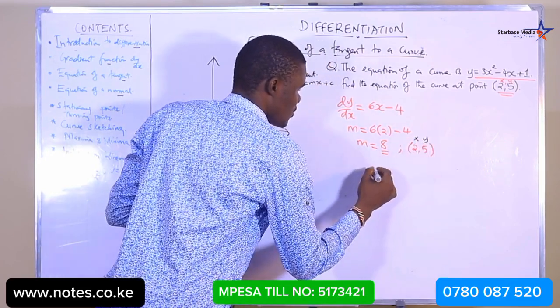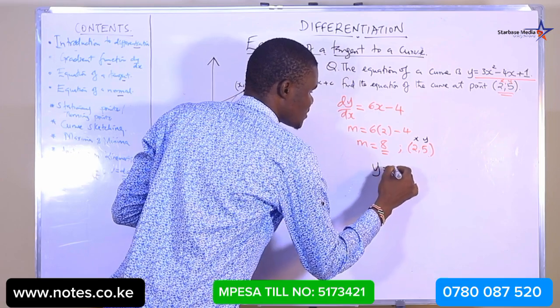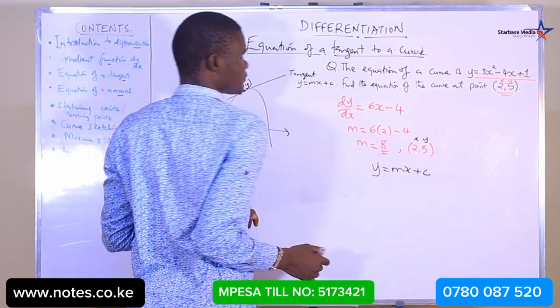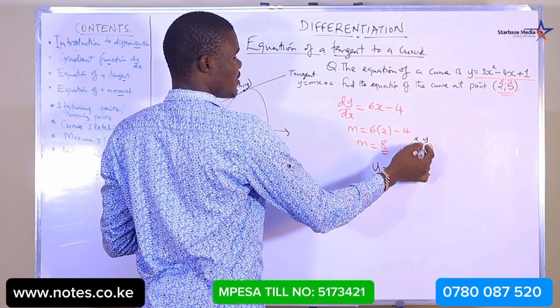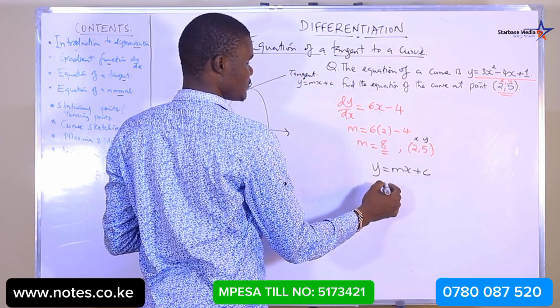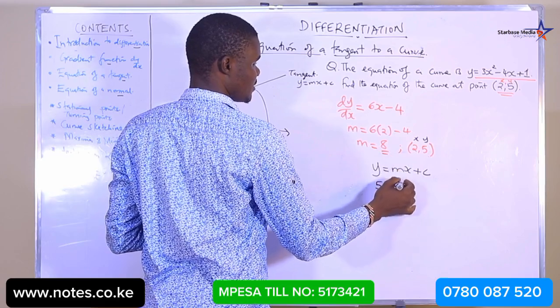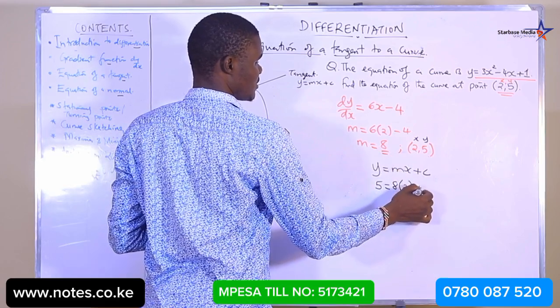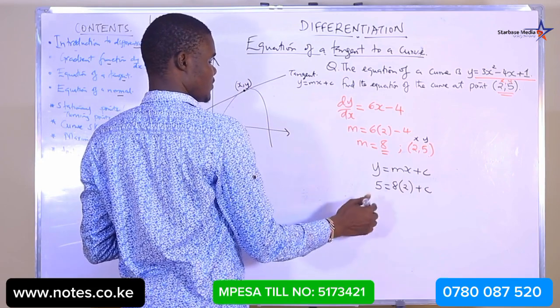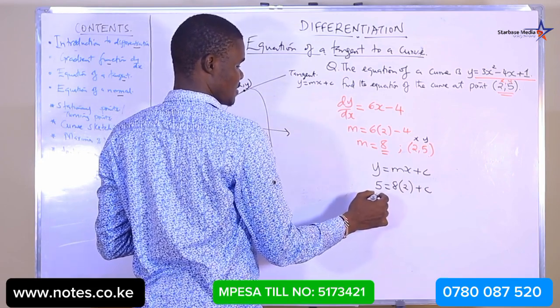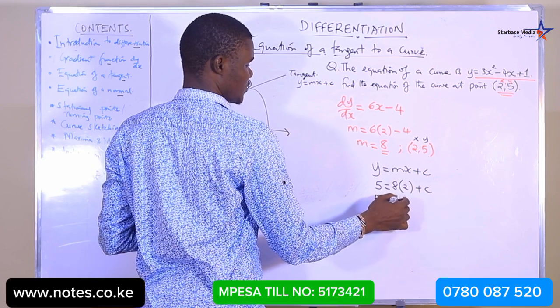Then you say the equation of a line is y equals mx plus c. Then you just replace. You have y as 5, m as 8, x as 2, then you have c. So this is 5 minus 16 equals c.